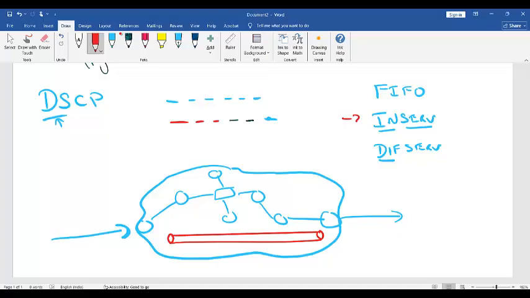But the problem in this is you are reserving bandwidths. Hard coded. This tunnel is only given to that traffic. Even when the traffic is not there, the tunnel is there occupying the bandwidth, and you are not giving it to others who are in need. You are not allowed to give because you go for INTSERV. INTSERV is end-to-end reservation.